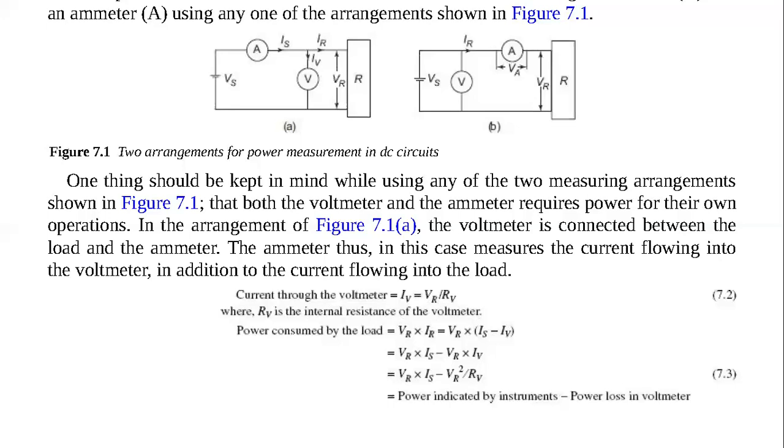And so for you to calculate the power that is consumed by the load by using the arrangement of figure 7.1a, we have said power is equal to V times I. So you'll take power that is consumed by the load, that is V, it will be now VR, that is the voltage of the resistance. The R for this case, you're assuming it is the load, times the IR being the current through the load. And we have seen from the explanation, this can be expanded further.